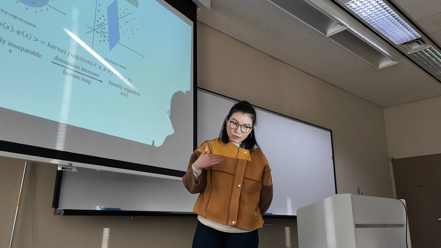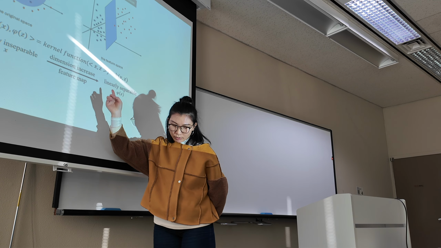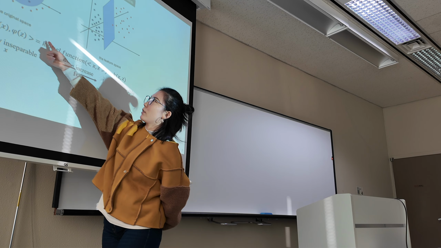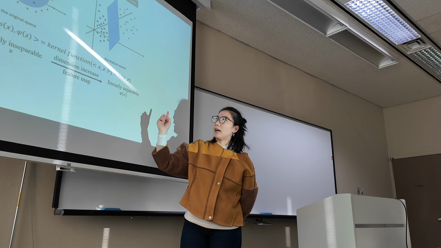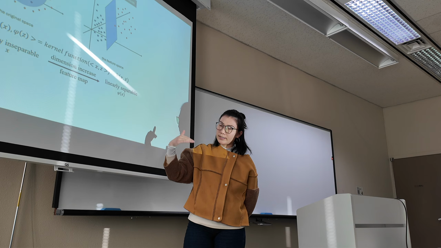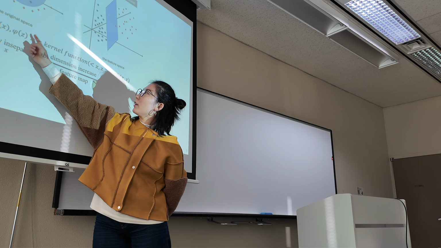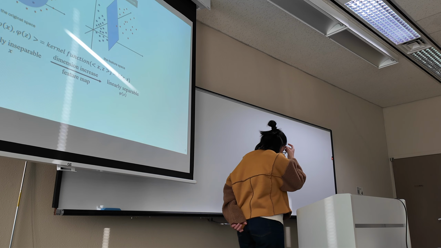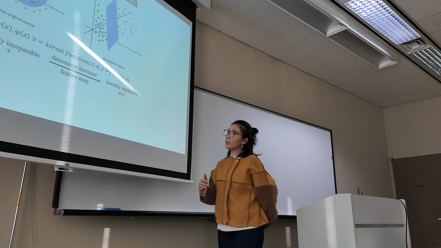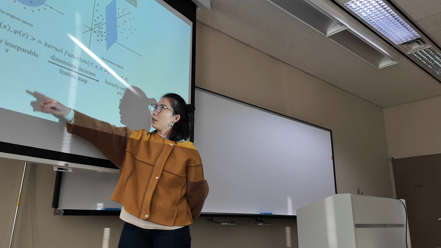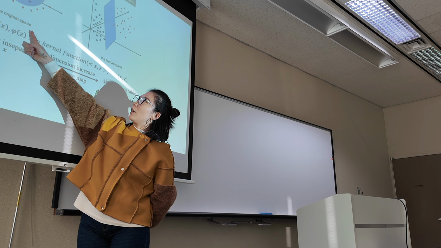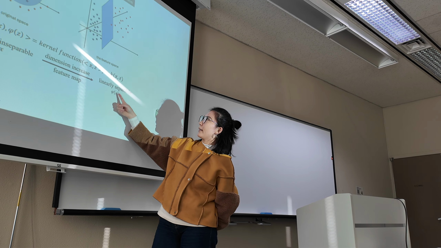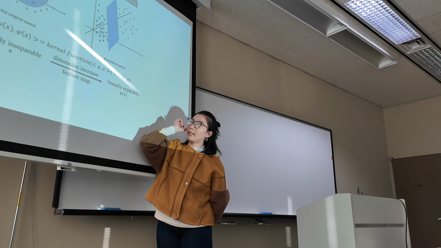So for the kernel function, its input is the inner product of two vectors in the original space, and its output is the result of the inner product in the feature space. So the general process is that the data from the original space goes to the data in the feature space, right?